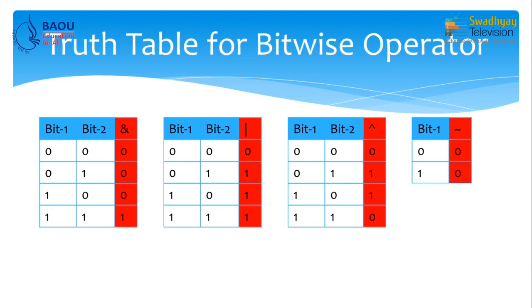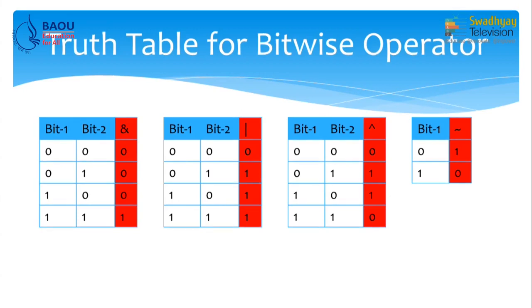Suppose the bit from the first operand is 0 and the bit from the second operand is 0, then AND returns 0. Similarly, we have 0 and 1, the result is also 0, because one operand is 0. Likewise, we have 1 and 0, the result is 0, and if both bits are set to 1, then AND returns 1.